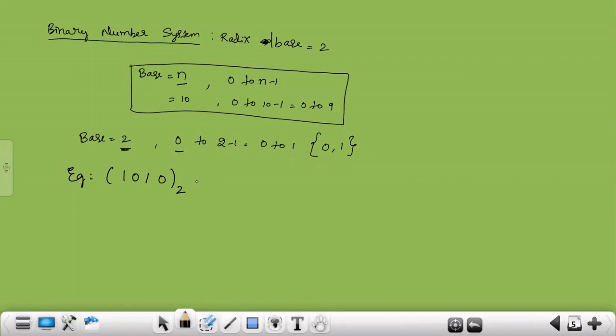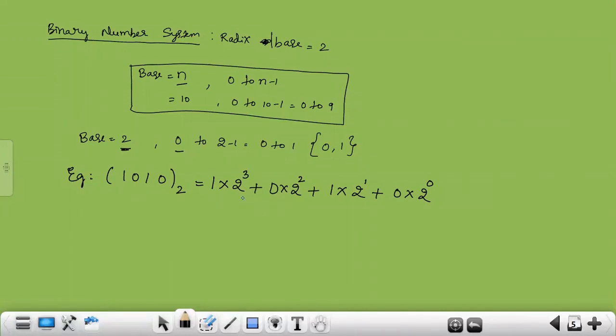Now if I want to express this in terms of weights, powers of 2, what I'll do is 1 into 2 plus 0 into 2 plus 1 into 2 plus 0 into 2. First I just wrote all the elements multiplied by 2. There is no decimal point here, so I have to start with 0: 2 power 0, 2 power 1, 2 square, 2 cube.